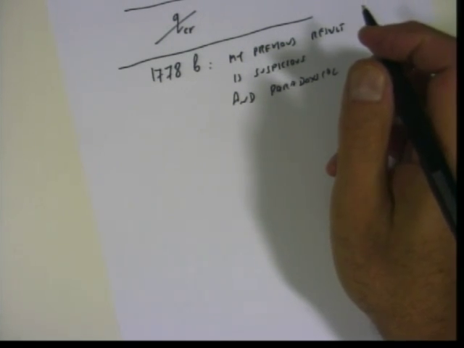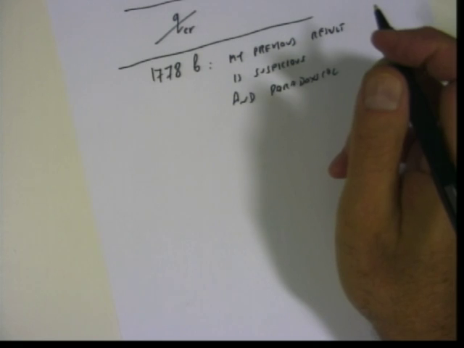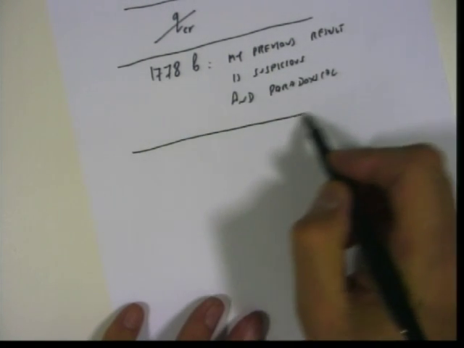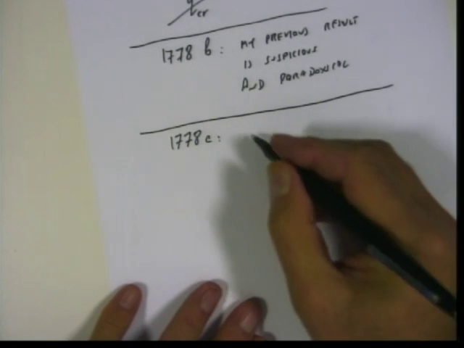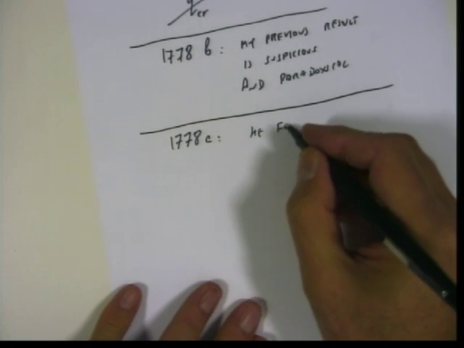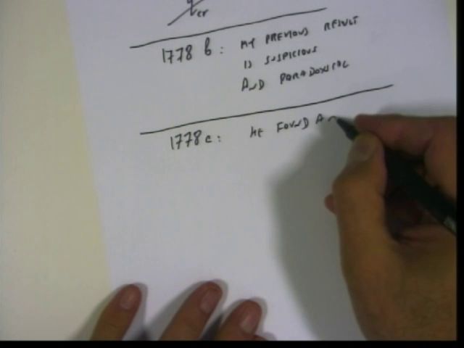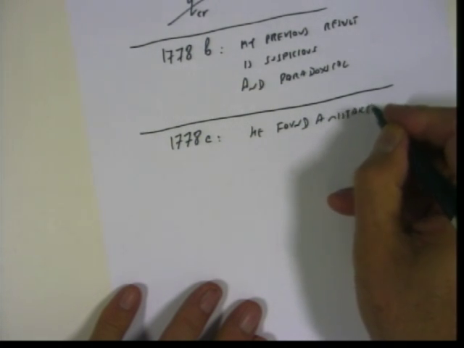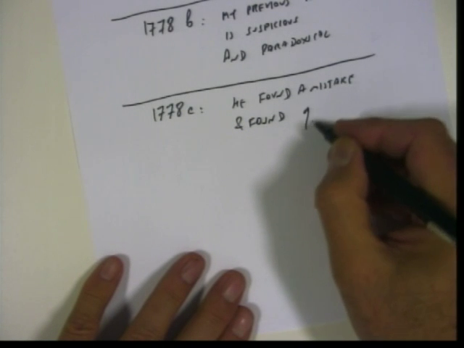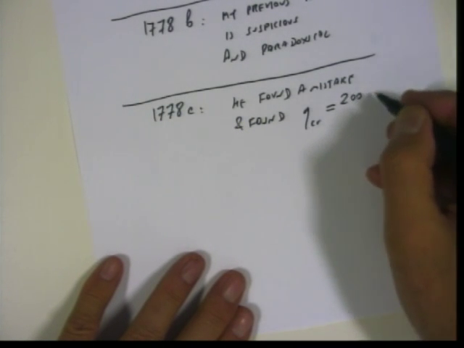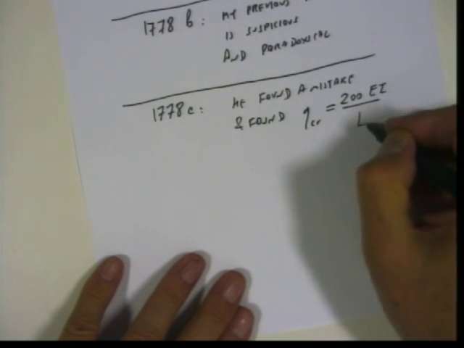I mean, why would that be? Then in 1778C, he found a mistake and found q critical. q critical, he found 200 EI over L cubed.